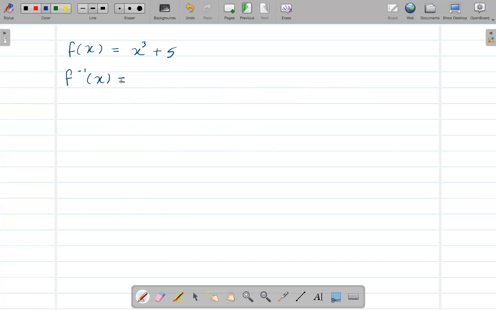Okay, so to find the inverse of a function, the first thing we need to see is whether the given function is one-to-one or not. So we can say the inverse exists if the function is one-to-one.